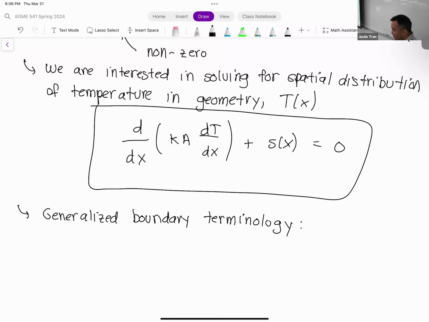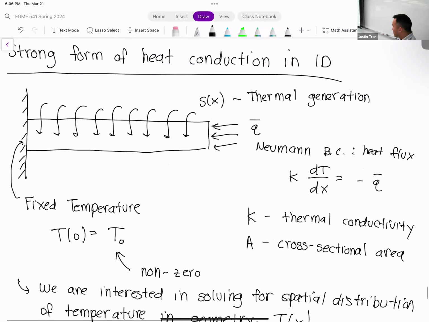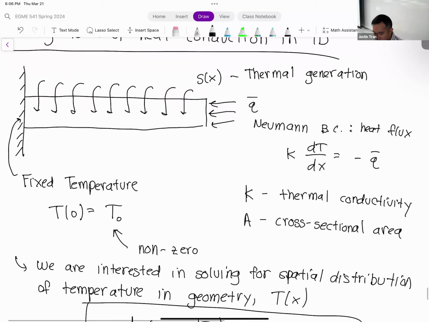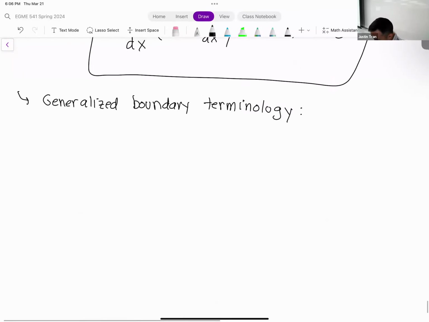Because what we did with elasticity was we derived the weak form for a specific case where the Dirichlet boundary condition was that x is equal to L and the Neumann boundary condition was that x is equal to 0. You can see from my geometry here, I drew it opposite, with T of 0, x equal to 0, as our Dirichlet boundary condition, and our Neumann boundary condition at the other side. But it would be good to have terminology for the general case where we can swap these terms interchangeably.